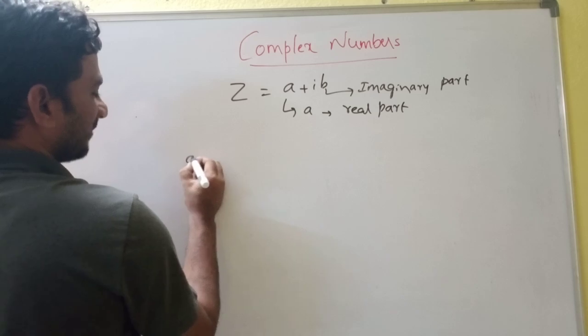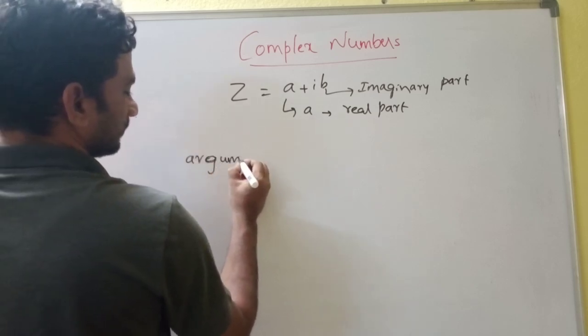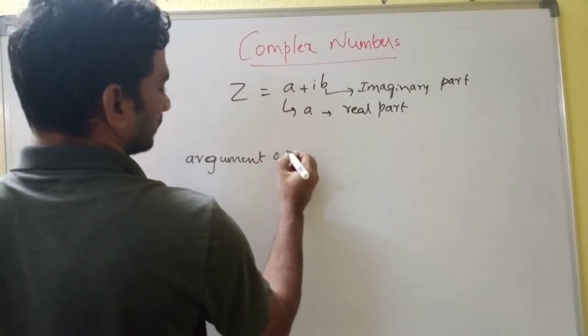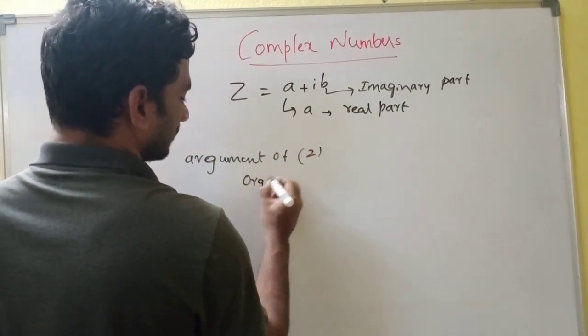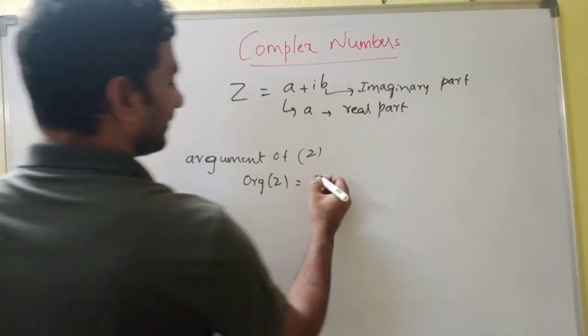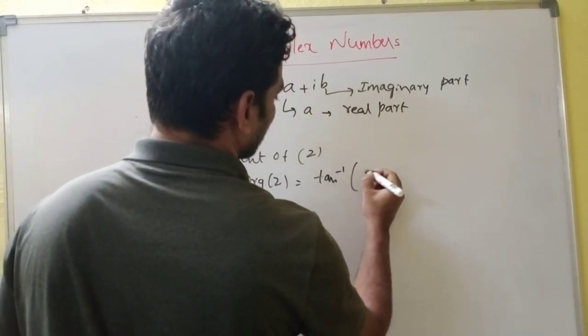Now the argument of z equals tan inverse b by a.